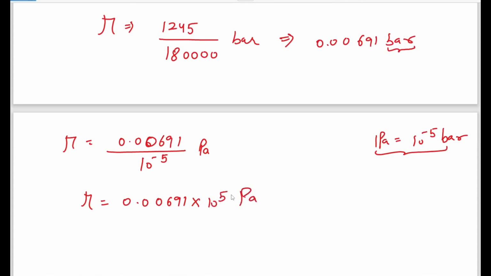Now divide it by 1000 to convert it into kilopascal.